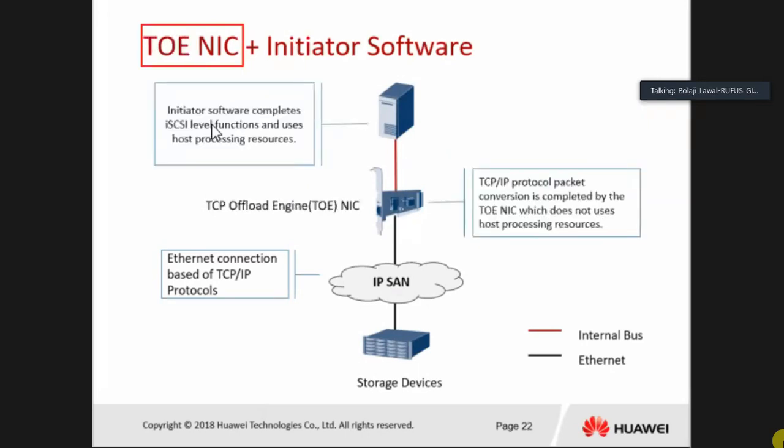Now, here, the initiator software completes iSCSI level function and uses host processing resources. Then, when it gets to the card, this card is a network interface card. Then TCP/IP protocol packet conversion is completed by COE NIC, which does not use host processing resources.